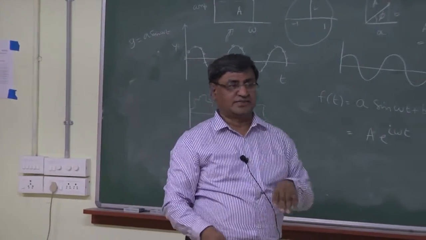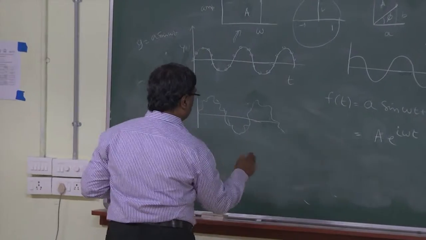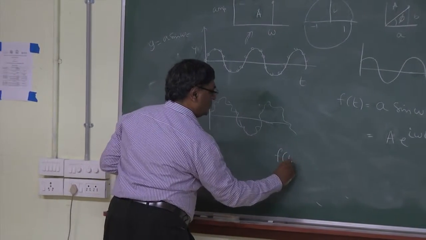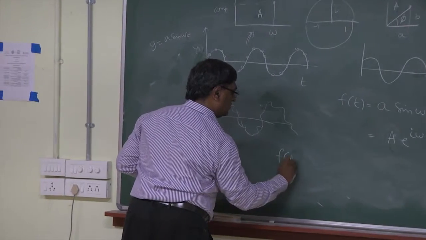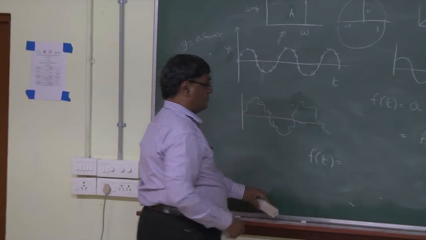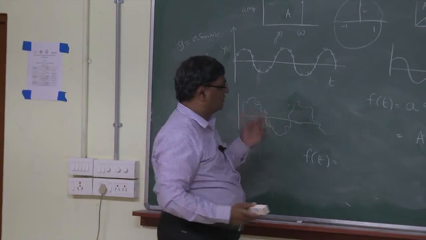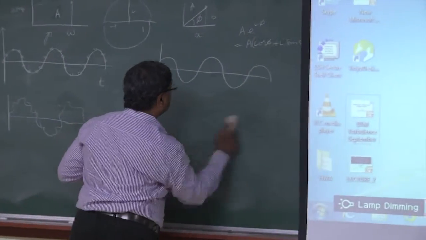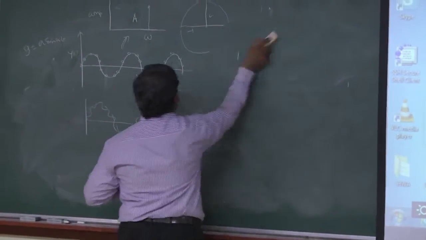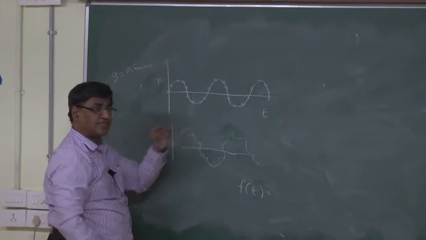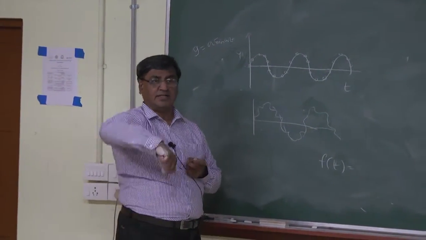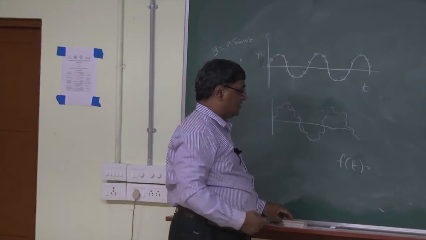So there could be many others. In general, any function f of t, you can expand as a Fourier series. In a problem like this, that major frequency I would call the fundamental mode, and other things could also be there.